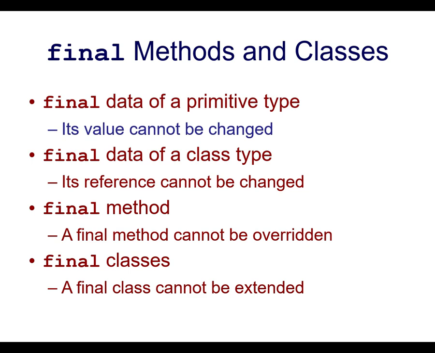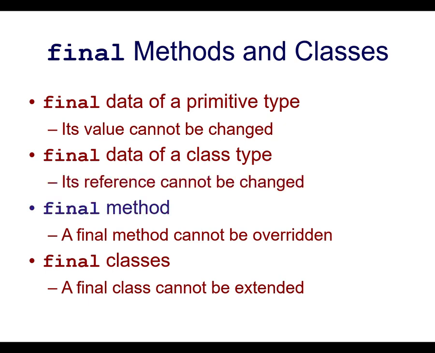In other words, we are declaring a constant rather than a variable. When it is applied to a declaration whose type is a class name, the meaning is slightly different. In that case, its reference cannot be changed. There is no way to specify that the value of a mutable object is constant.